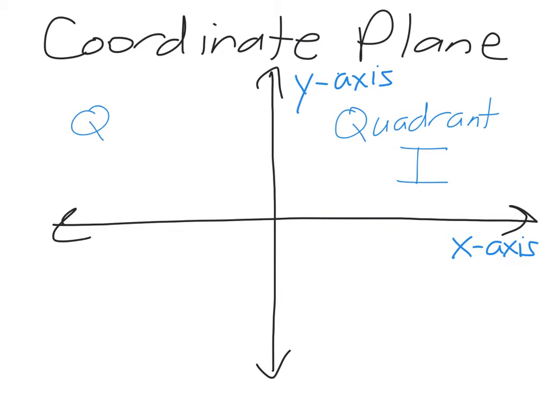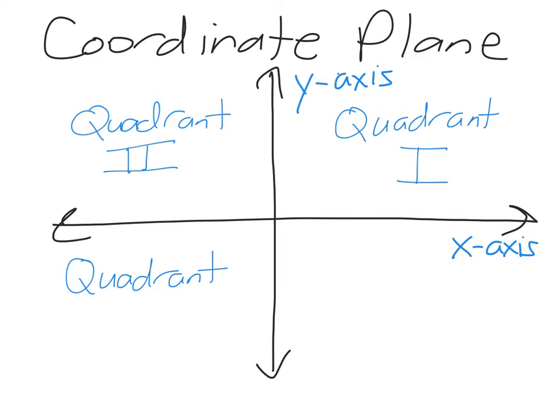This is known as Quadrant 2, or Quadrant II. This is Quadrant 3. And finally, we have Quadrant 4.